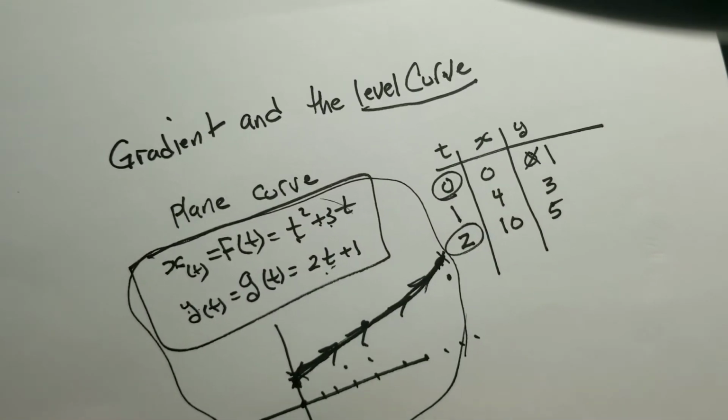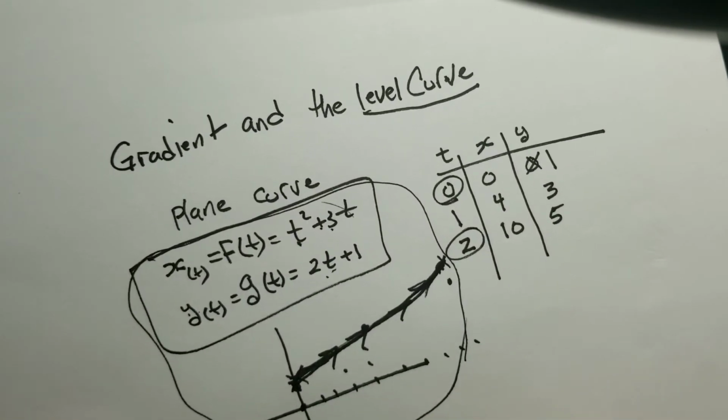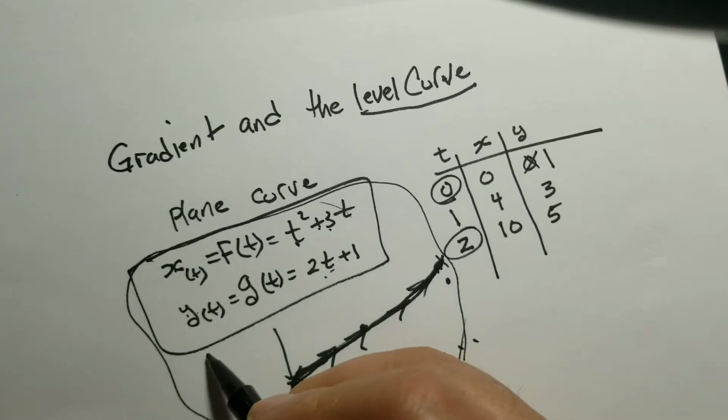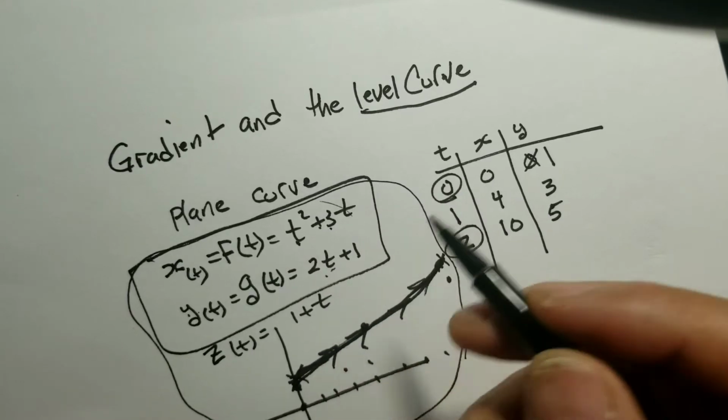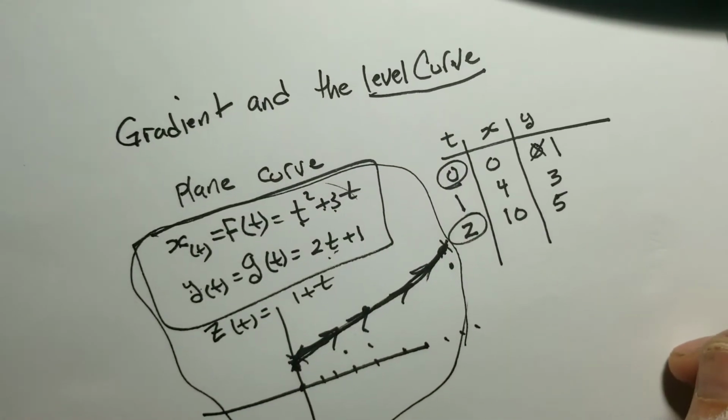But if I make it three variables, x, y, and z, and add a z quantity as a function of t, that's called a space curve.